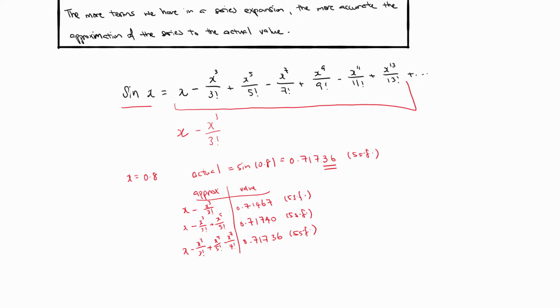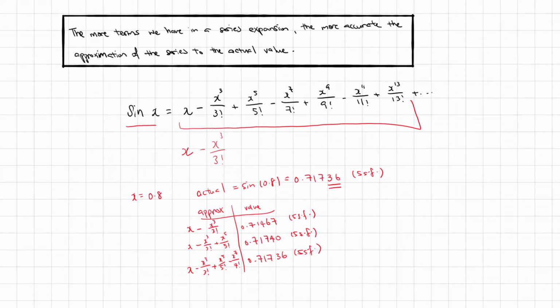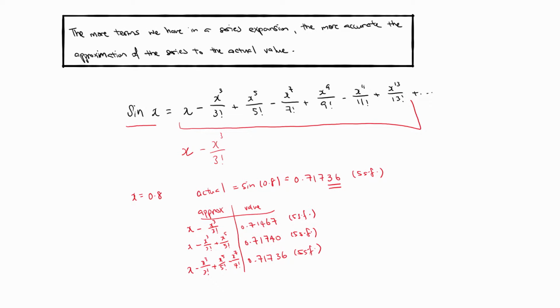So now I hope you can see the effects of the number of terms on the series expansion and its approximation to the actual value. The more terms you have, the more accurate the approximation. And the more terms you have, it also allows you to have higher values of x, because it would be more accurate.